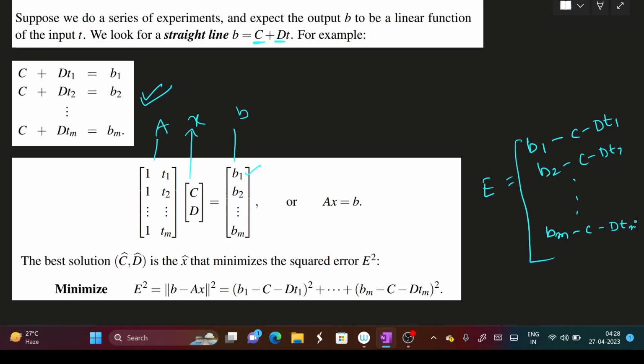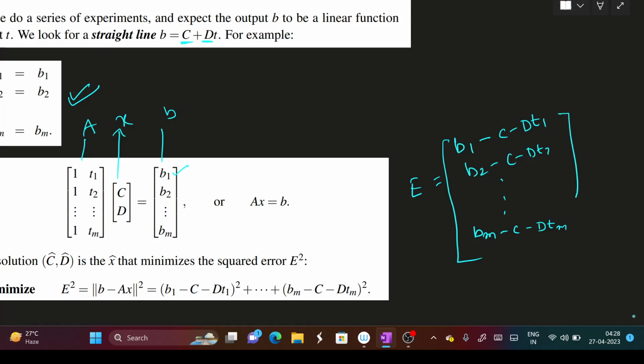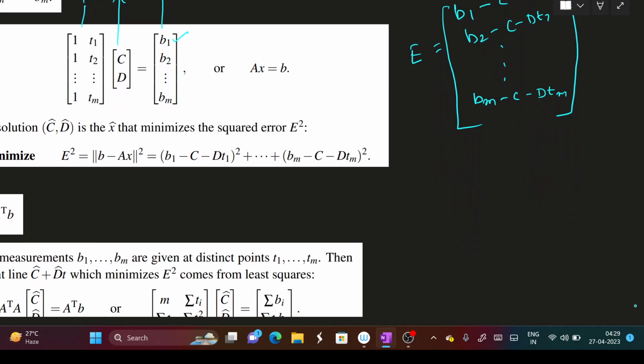This is my error vector, and the length squared of the error vector is the sum of each component squared. This length squared is least for what values of C and D is to be verified.